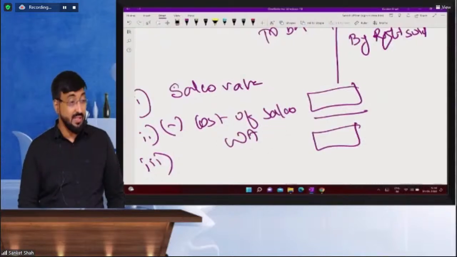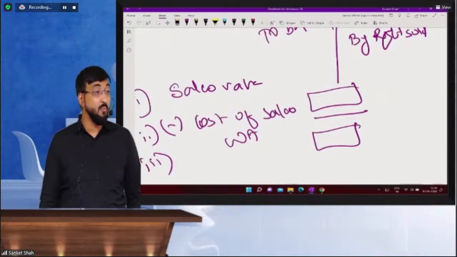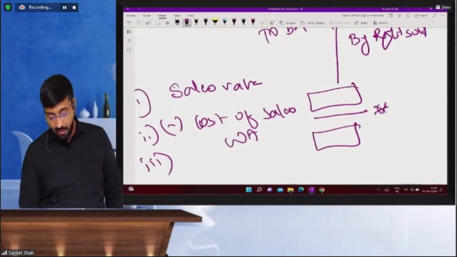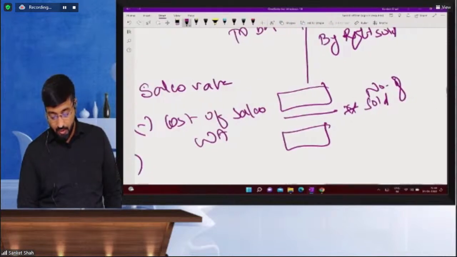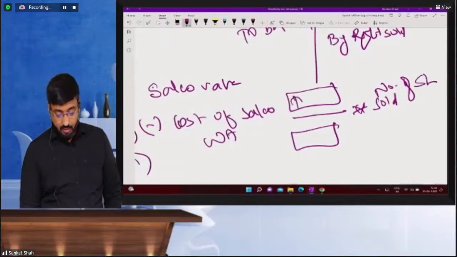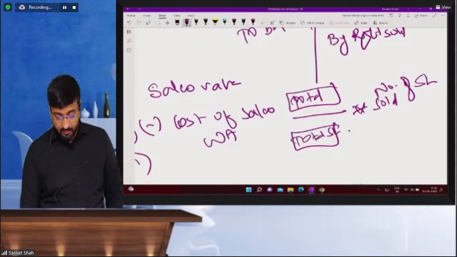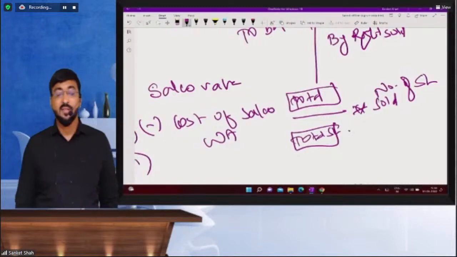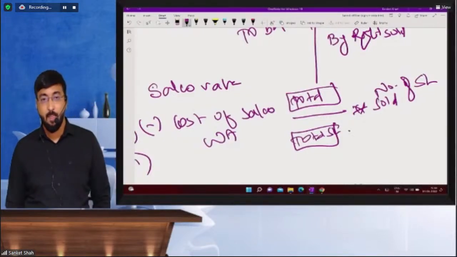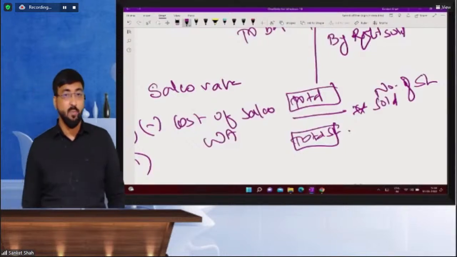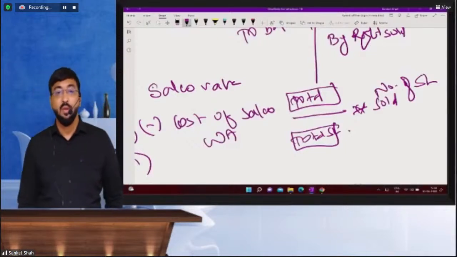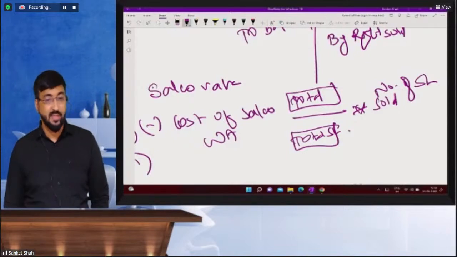In shares we always use the weighted average method, multiplied by the number of shares sold. This is total cost after deducting pre-acquisition dividend, and these are total shares. My friends, in investment accounts, you will always calculate profit or loss using sales value less cost of sales. Very simple chapter.